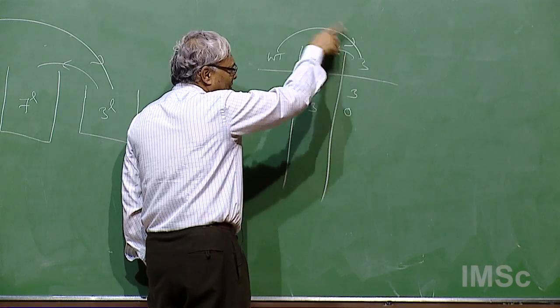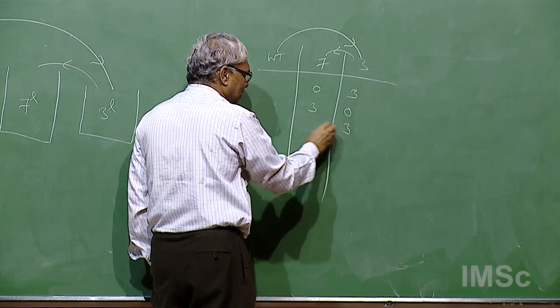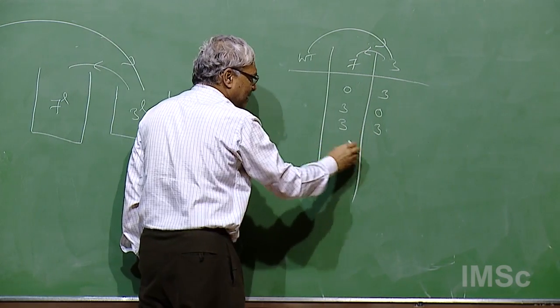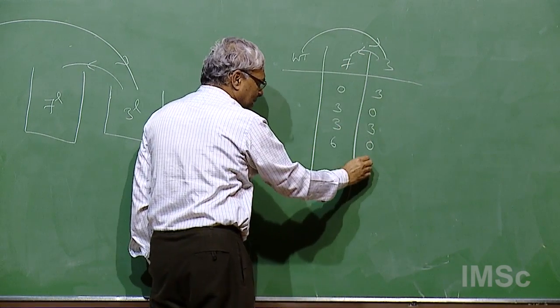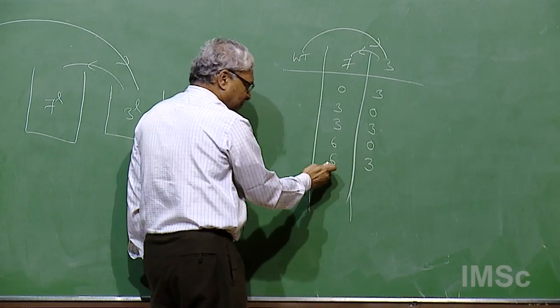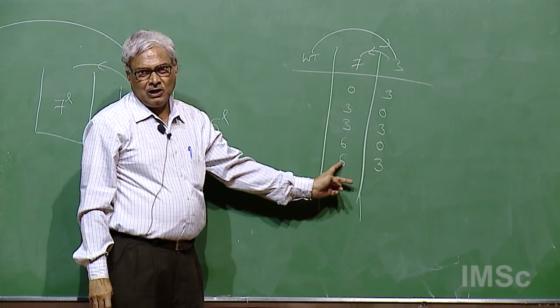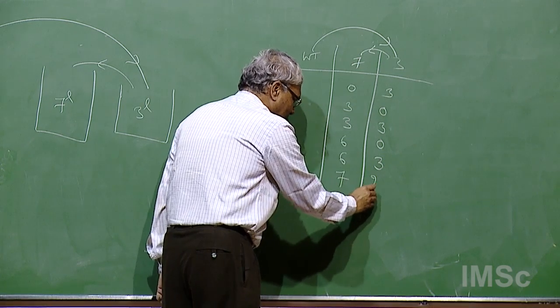And again, you fill 3 liters, and 3 is already there, and transfer it to the 7-liter can, you get 0, 6. Then again, take 3 liters, and this is still 6. And then you try to fill up this so that this is full. This can take how many more liters? 1 liter. So this is 7 and this is 2.